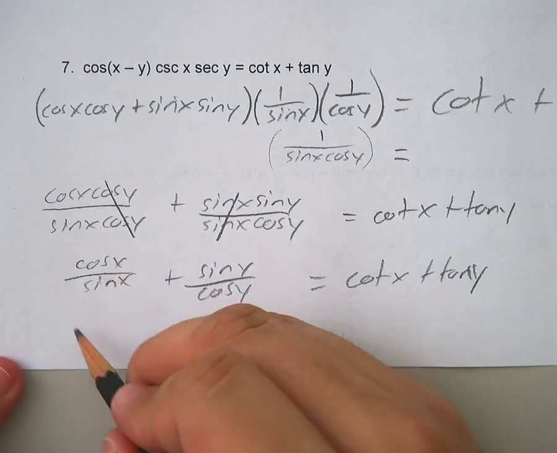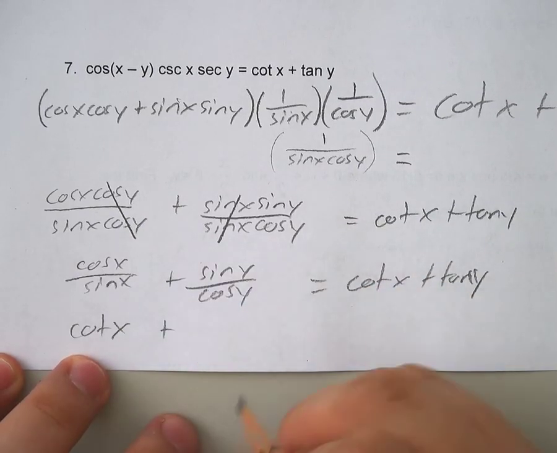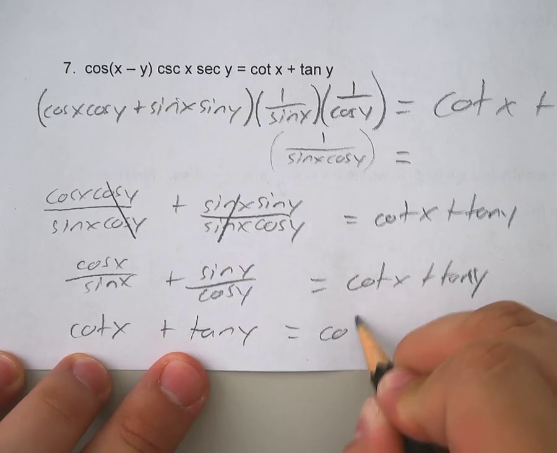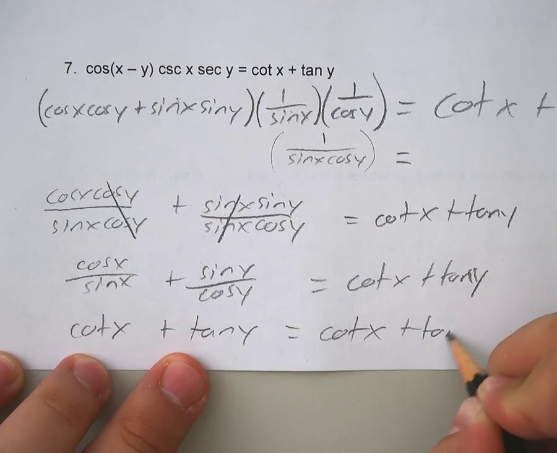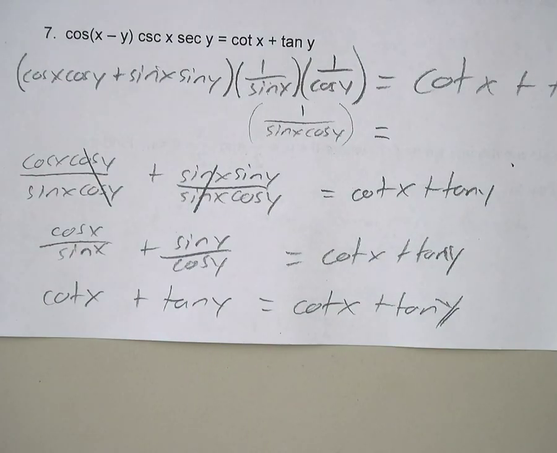Cosine over sine is cotangent x, plus sine over cosine, tangent y, equals cotan x plus tan y. That's all there is to it. Ain't nothing to it but to do it.